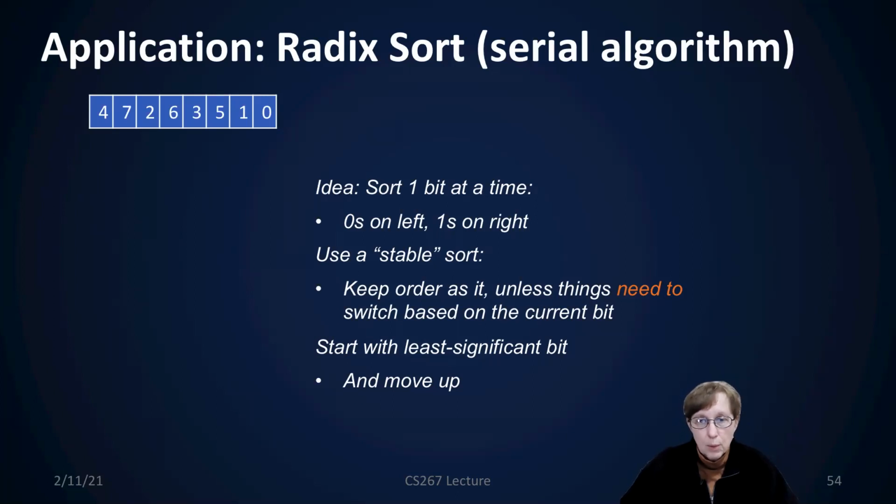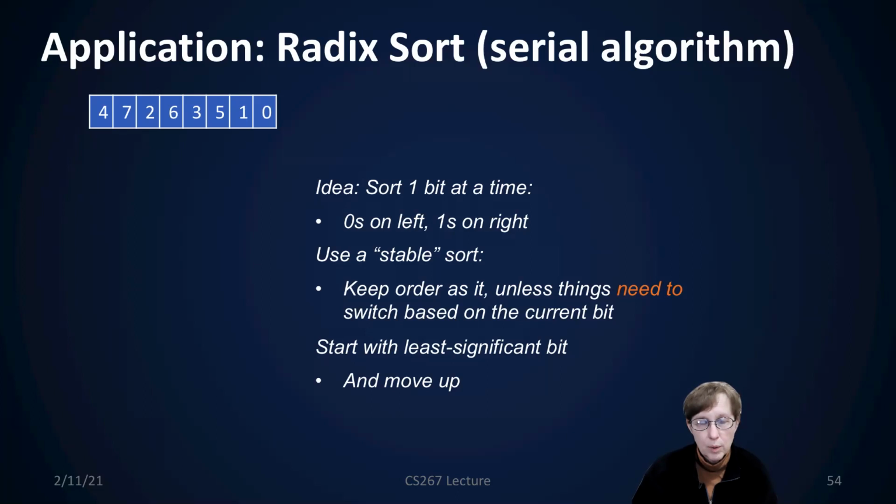We're going to use what's called a stable sorting algorithm, meaning that we'll never rearrange anything that had been arranged from where it was in the input to that step. So it's important that we keep it in order, except when it has to be rearranged in order to put the zeros on the left and ones on the right. And we're going to start with the least significant bit and then move to the most significant bit.